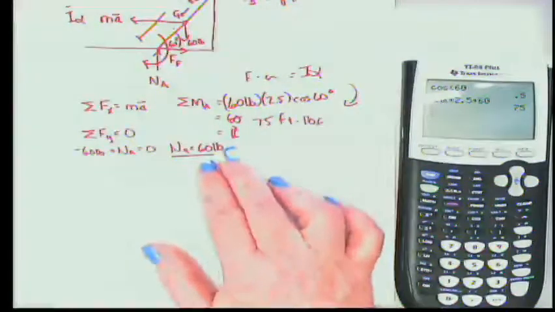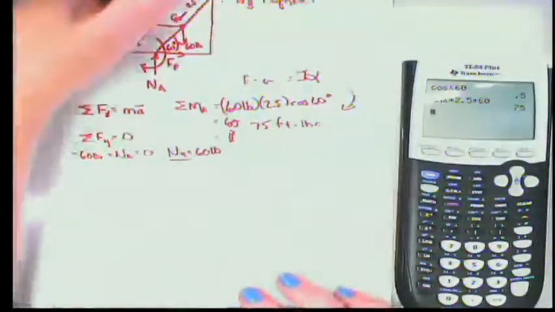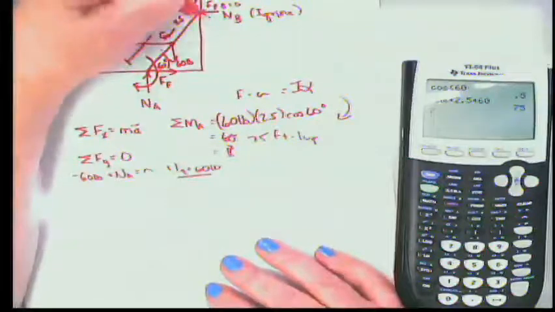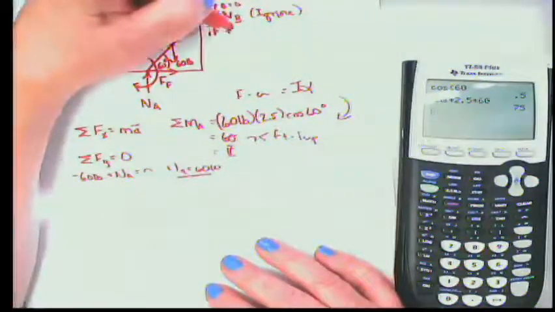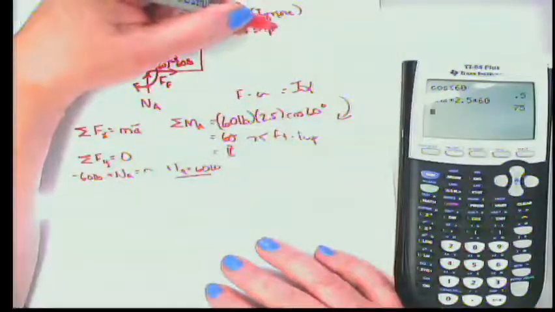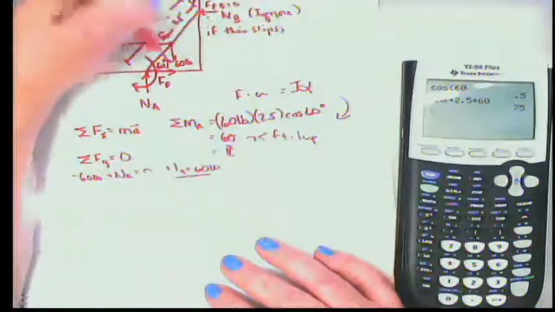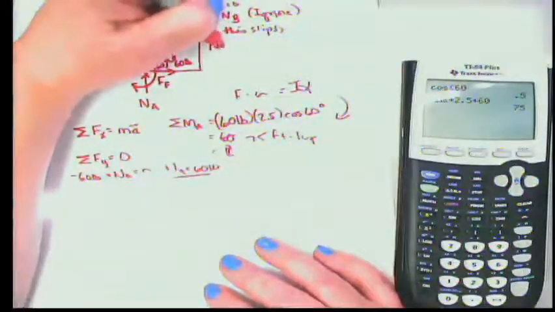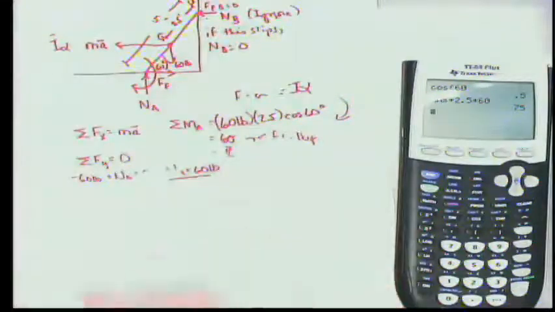Now, the thing that's bothering me is this. If this slips, at the moment it slips, the normal force at B is going to be equal to 0. What does that mean? Well, that isn't true while the plate is sitting still, but when it starts to move downward, it's going to be 0.